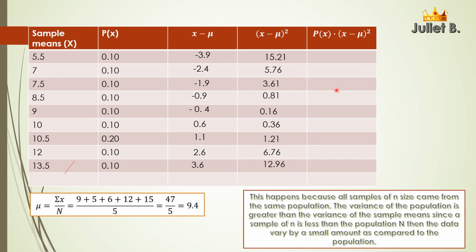After that, we will now multiply this obtained value by the probability so that we can have the product of the probability of x and the x minus mean squared.